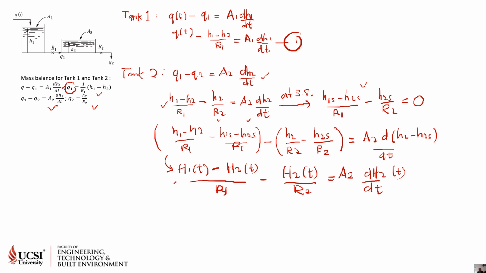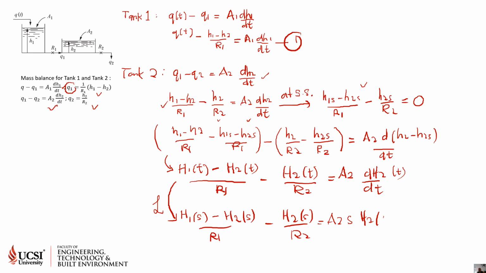So we can apply the Laplace transform. Then what we get is H1(s) minus H2(s) over R1 minus H2(s) over R2 equals A2 s H2(s) in the s domain. So we get these expressions.